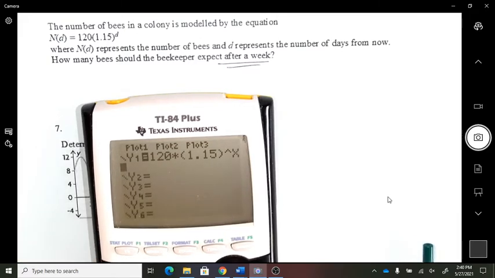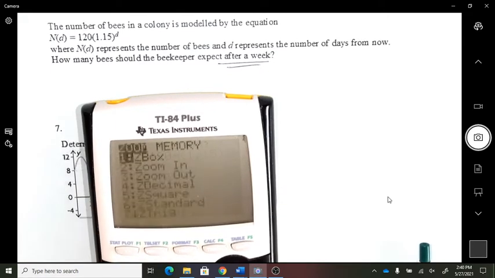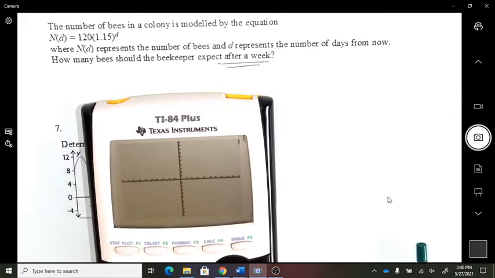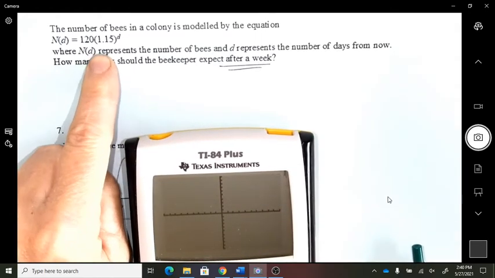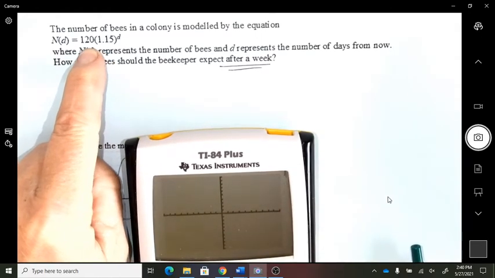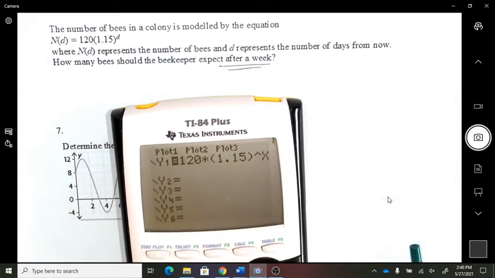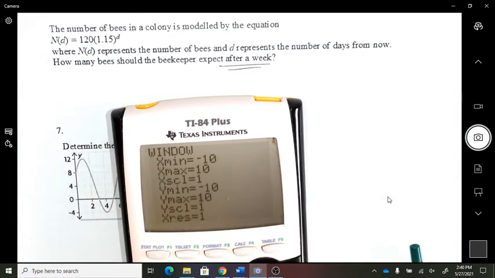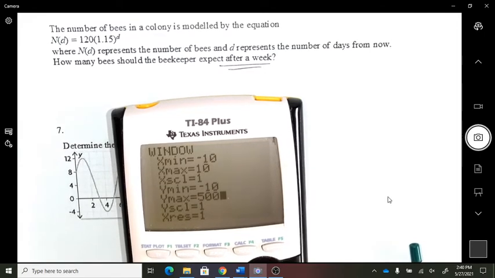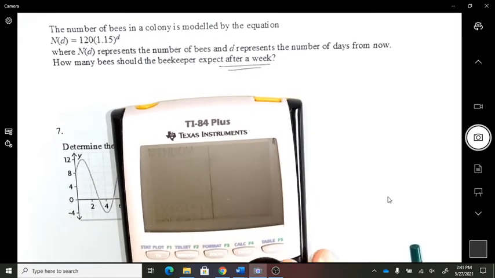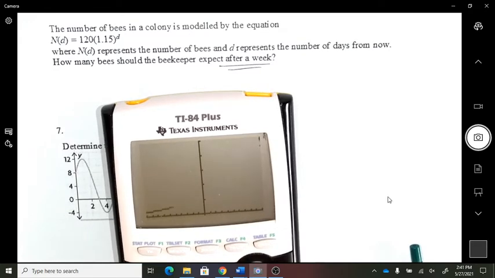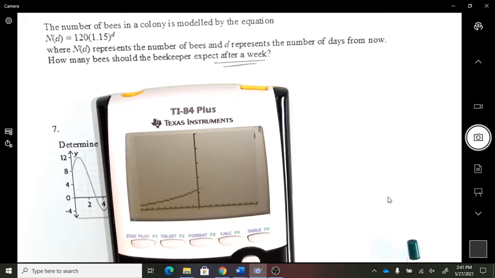Okay, what do you do in your calculator again if you just want a normal screen window? Zoom 6. Yep, that is the trig one. Okay, I don't think it's on there. Ooh, what is our Y-intercept? 120. Ooh, we should make our Y way bigger. So window, what should we do? 500? I don't know. Okay, I got something now.